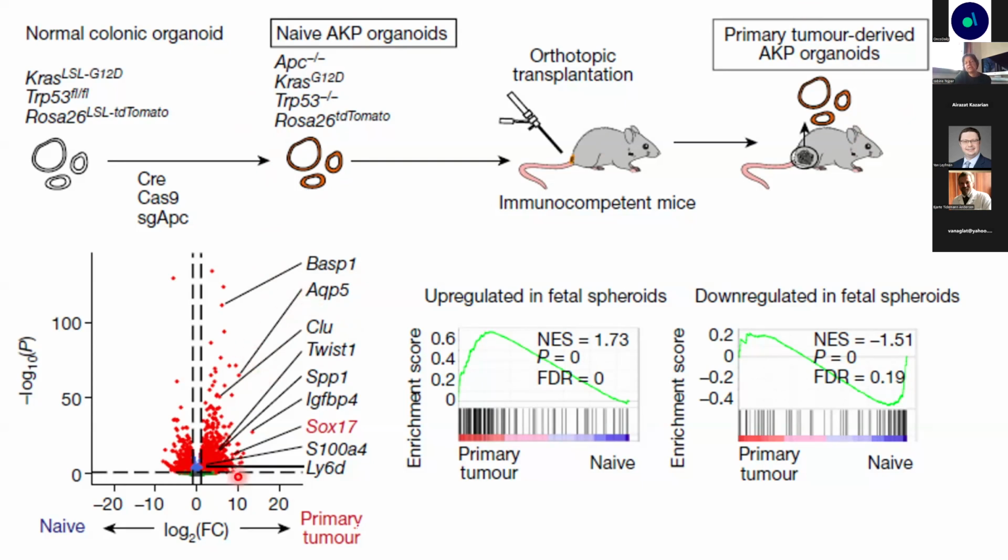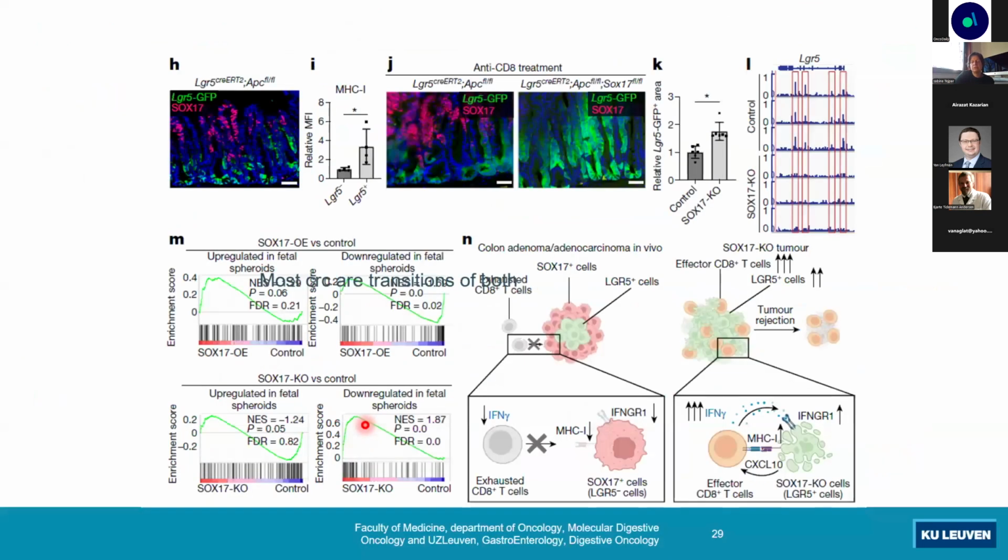In this case, a little side story, which I think is important: while doing that fetal reversion, one of the fetal genes is SOX17, which is normally off in your normal colon, on in the fetal colon, but now got upregulated again in this fetal reversion. And SOX17, they show beautifully in the paper, actually stops the interferon gamma receptor.